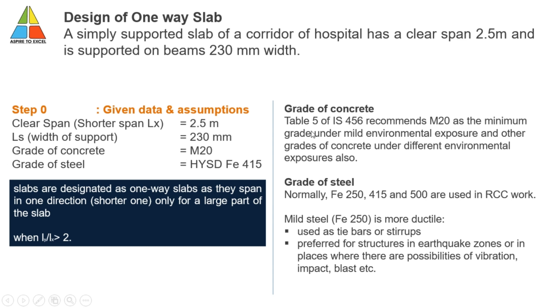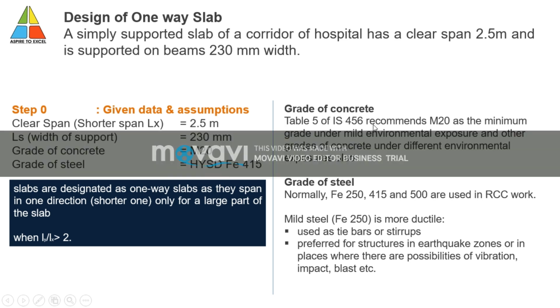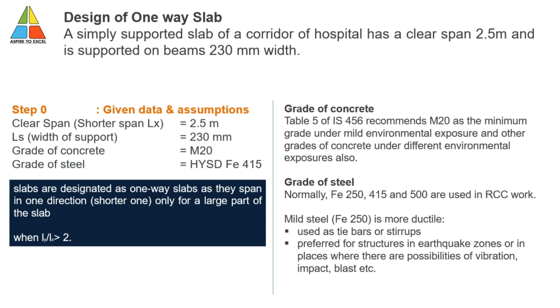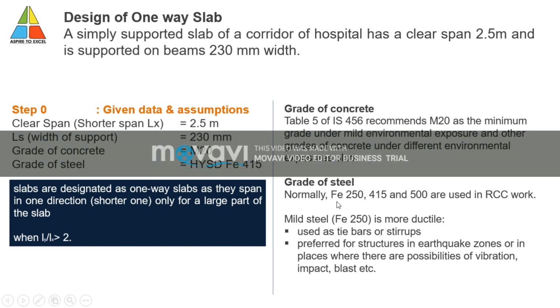On the right side you can see that as per IS 456, the minimum grade of concrete recommended for mild environmental exposure is M20. So that is the consideration we are putting here. And the grade of steel is HYSD, that means high yield strength deformed bar. Normally you will find steel in these grades: Fe 250, 415, 500. Beyond this, 550 and others are also available.